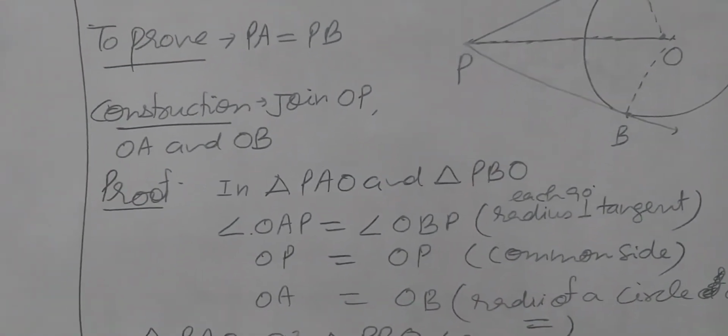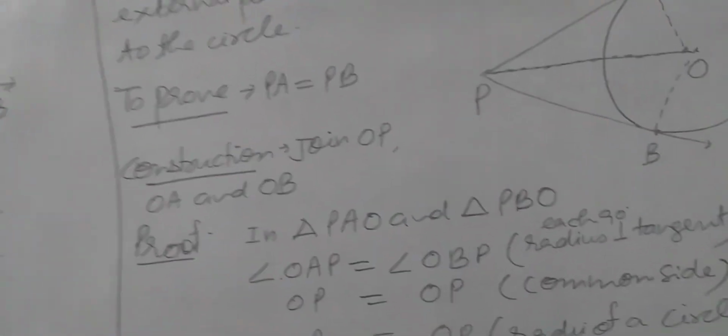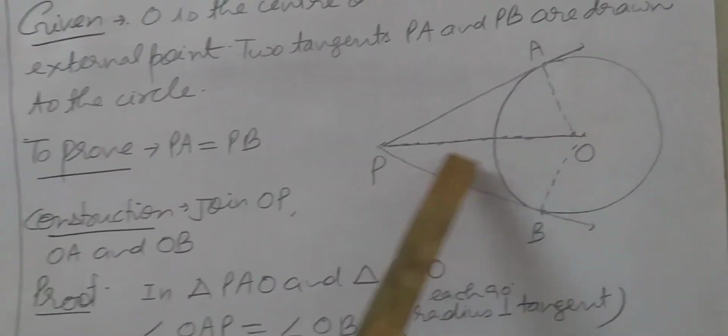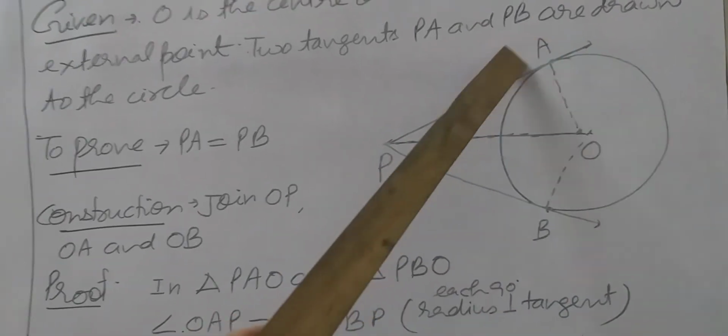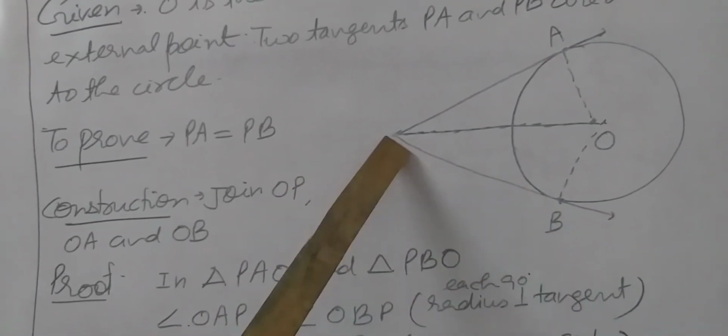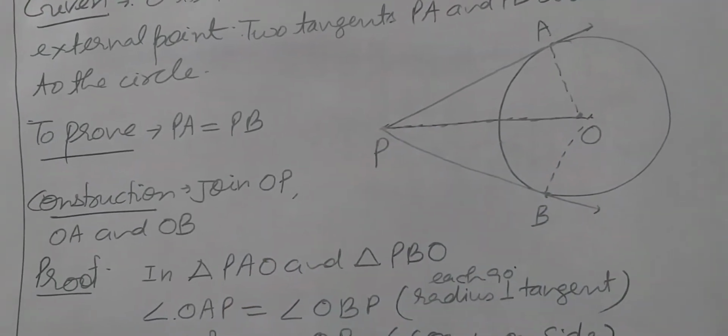And students, if we want to prove one thing more, that the line joining the center to the intersection point of the tangents is the angle bisector.